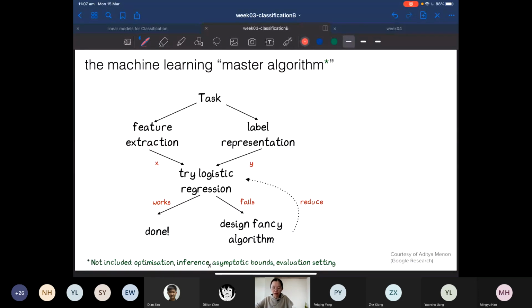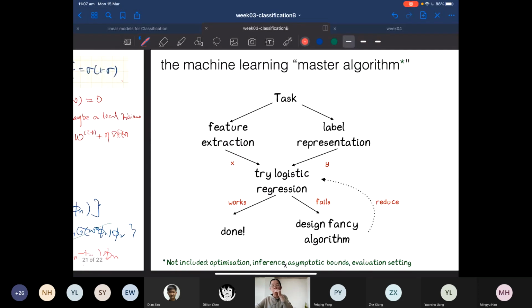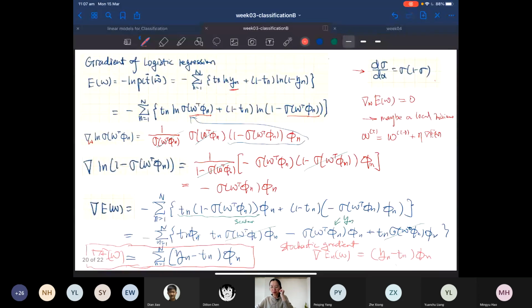Okay, so I feel the simplicity at the end and the connection to perceptron is worth covering for logistic regression because it also connects very closely to what we are about to talk about in the next 20 minutes, neural networks, or we will actually talk about that on Friday when we get to talk about backprop.